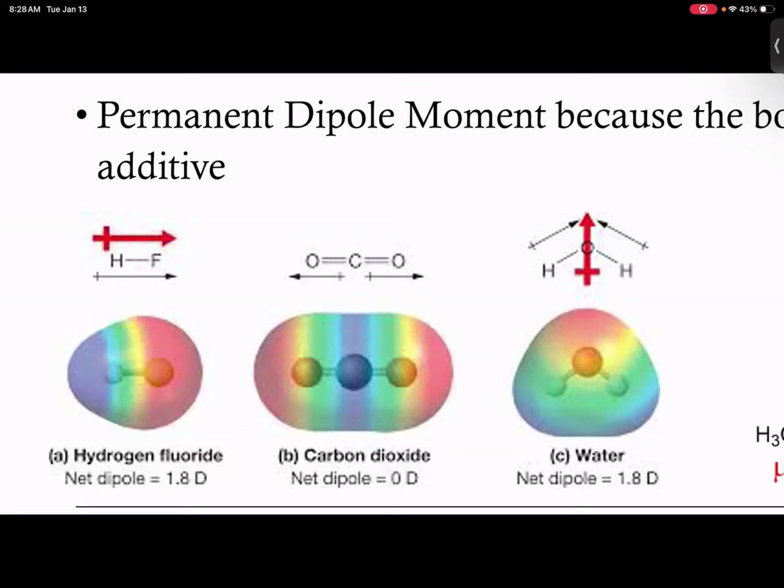They both merge onto that oxygen, making this molecule polarized towards the oxygen. Meaning that the oxygen has a more negative area and a more positive area on the hydrogens.